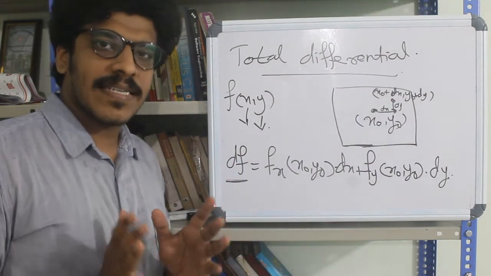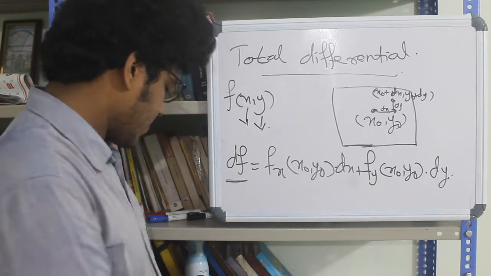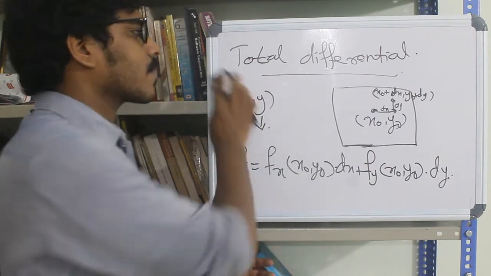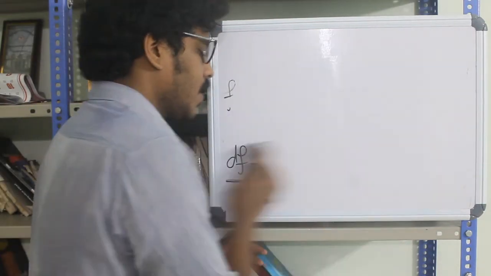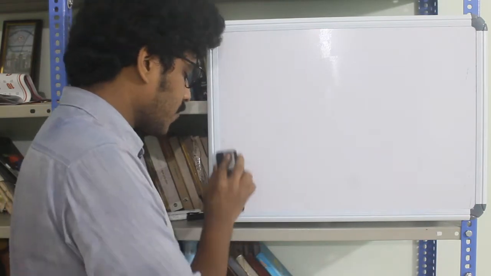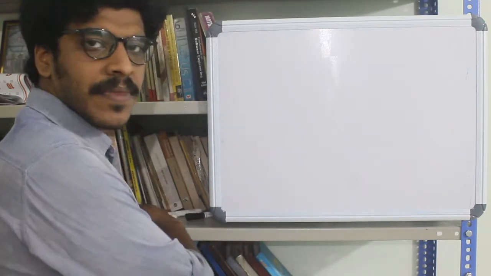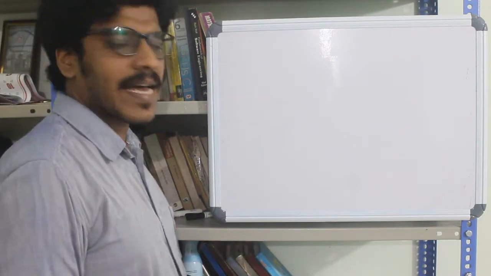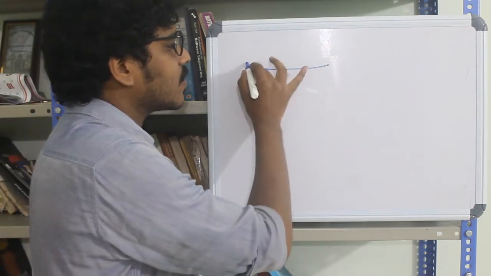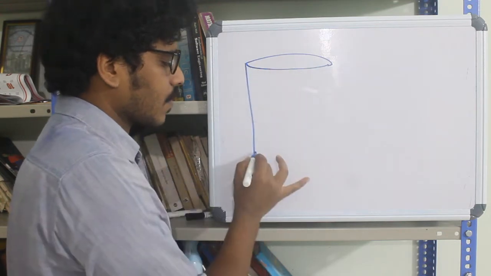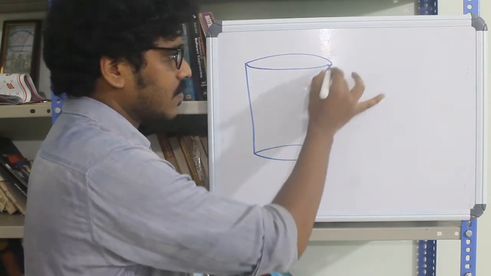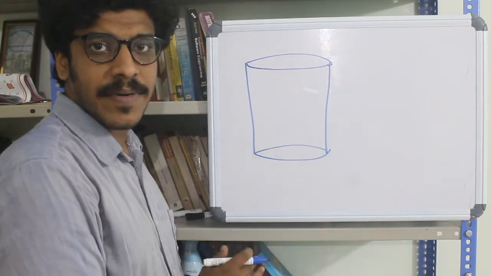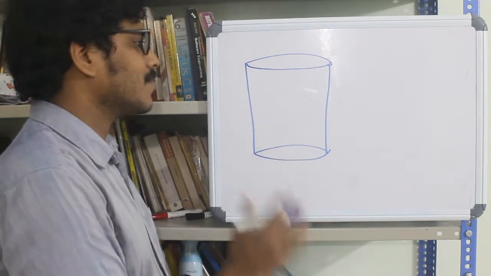Now you may consider a situation. I'll give you a problem. We have a manufacturing unit of storage tanks. Suppose the unit manufactures storage tanks of cylindrical shape. Assume this to be a perfect cylinder for now.